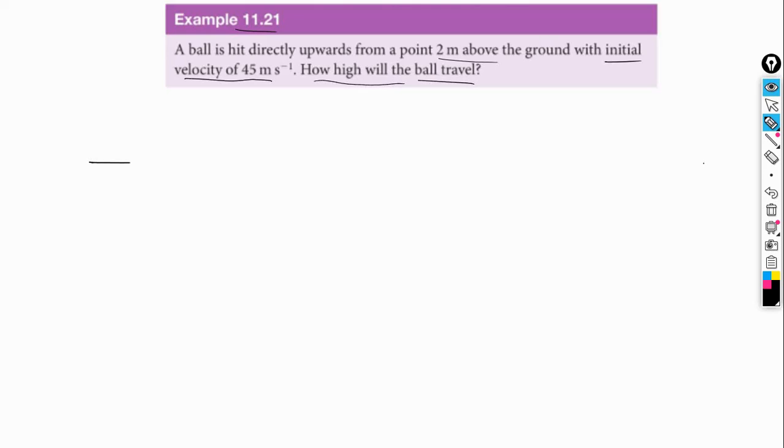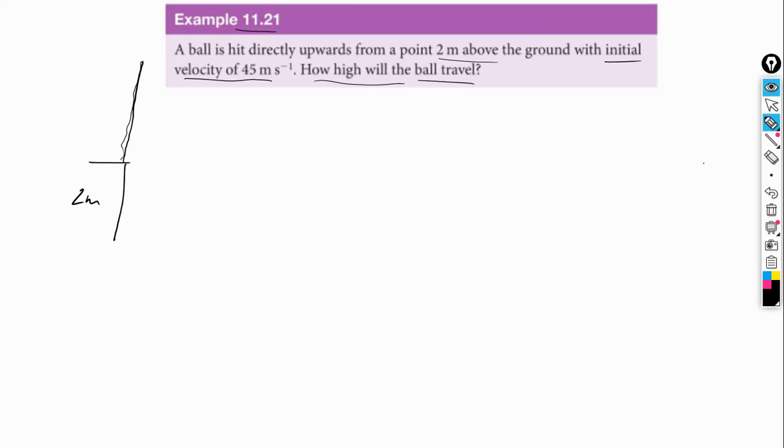So that means that the ball is at a height of 2 meters. When it is hit directly upwards, it goes up, and then due to the action of gravity, it's going to decelerate, stop, and then come back right down. So what we need to do is find how high the ball traveled.